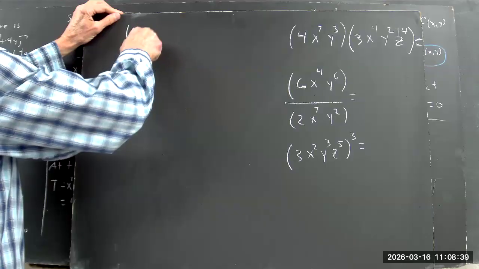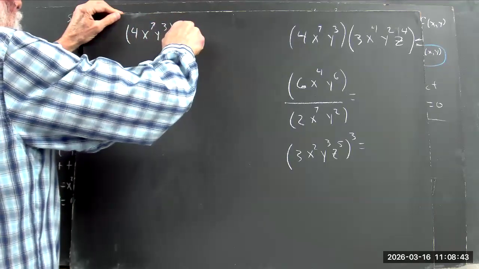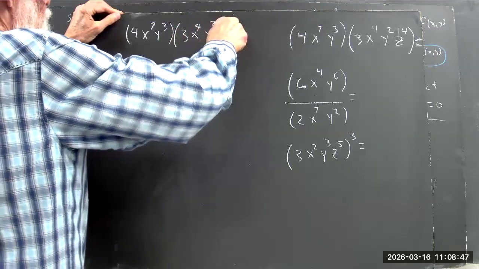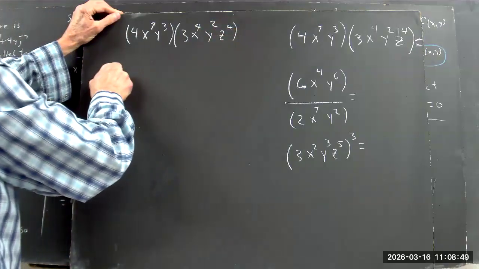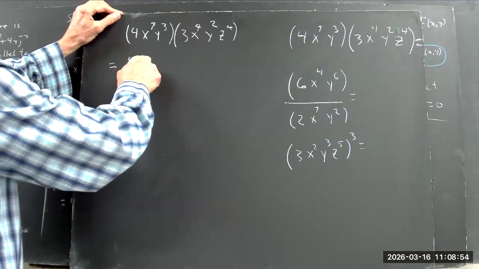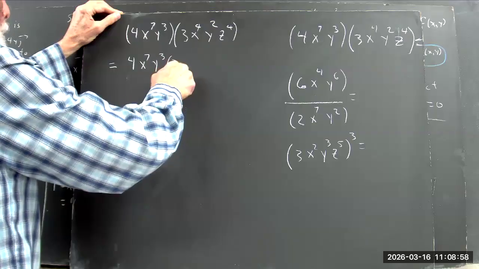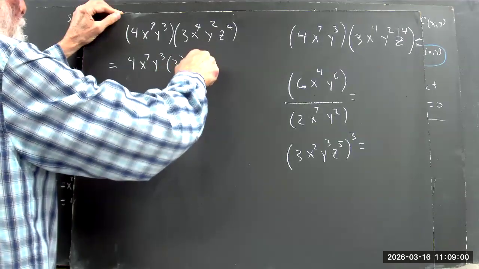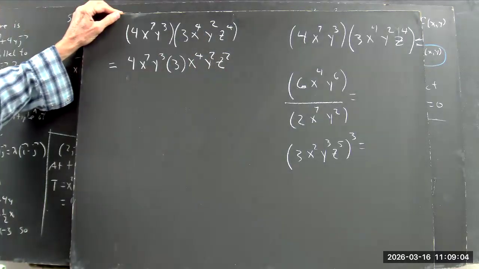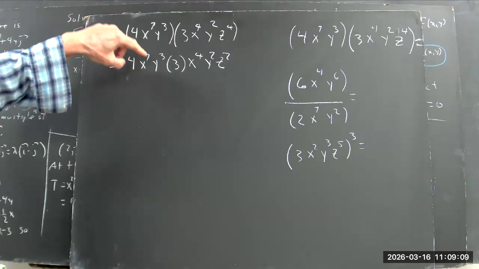I'm going to write it out again, 4x to the seventh, y cubed, parenthesis, 3x to the fourth, y squared, z to the fourth. It's a multiplication, so I can just write this without the parentheses.